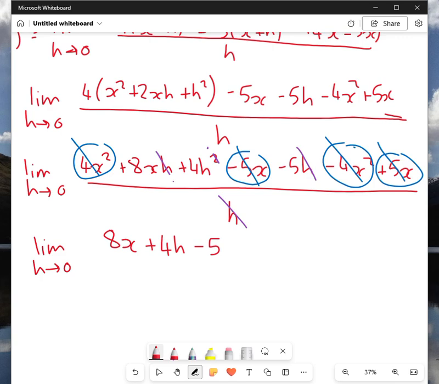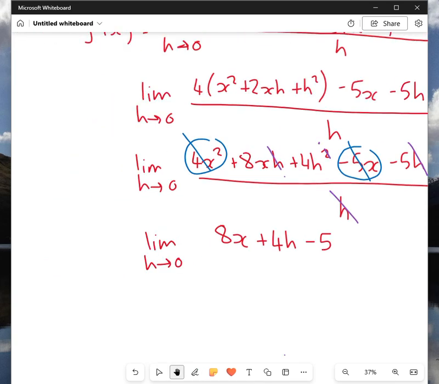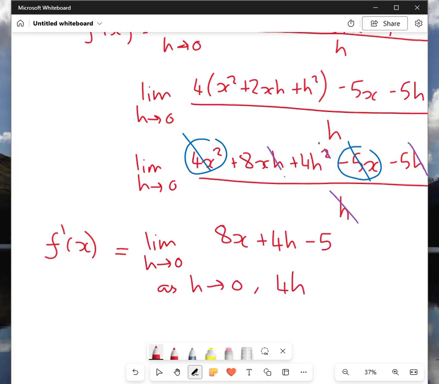Remember, all of that is equal to the first derivative, or dy by dx. As h tends to 0, 4h would also tend to 0.